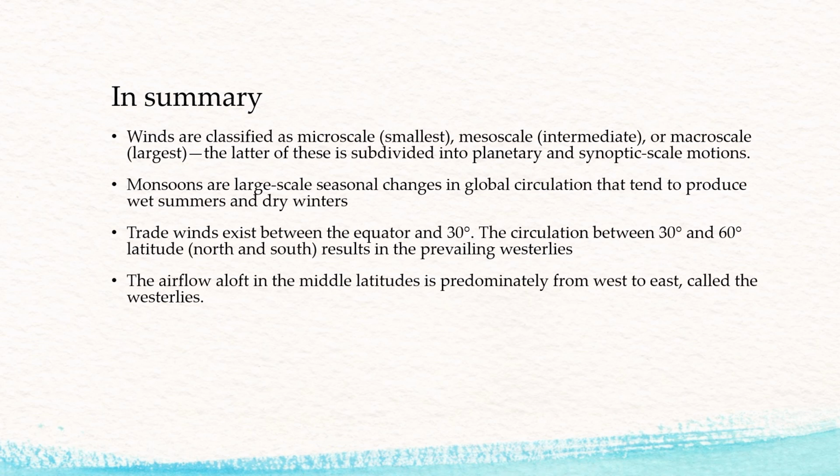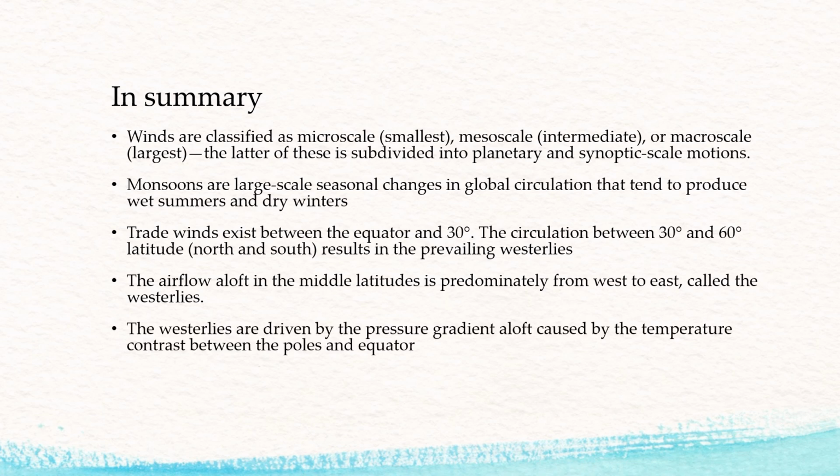So the airflow aloft in the middle latitudes is predominantly from west to east. That's what we call the westerlies. The westerlies are driven by the pressure gradient aloft caused by the temperature contrast between the poles and equator.